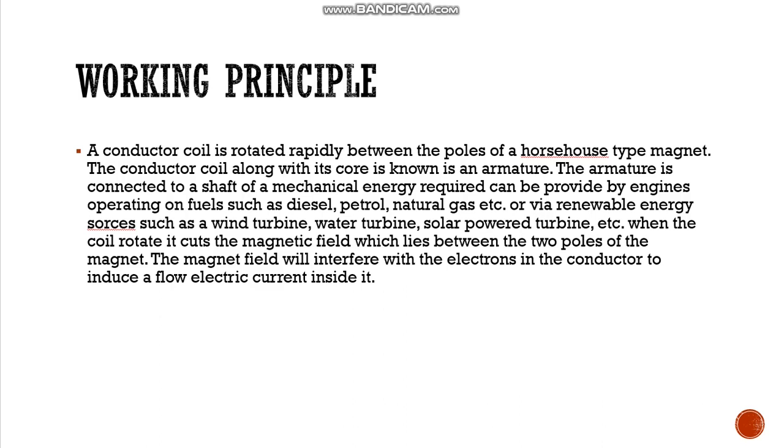The armature is connected to a shaft, and the mechanical energy required can be provided by engines operating on fuels such as diesel, petrol, natural gas, etc., or by renewable energy sources such as a wind turbine, water turbine, solar power turbine, etc. When the coil rotates, it cuts the magnetic field which lies between the two poles of the magnet.